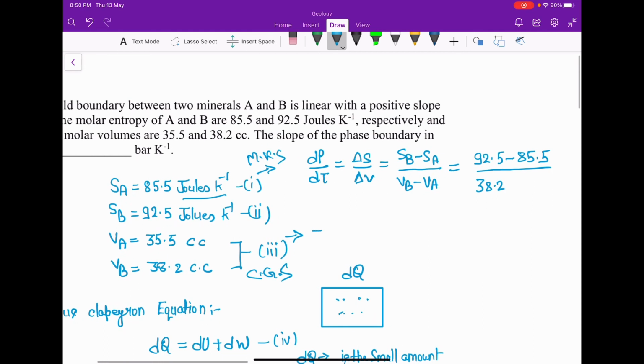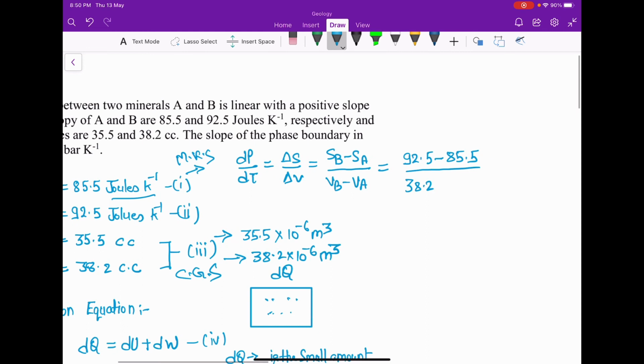So 35.5 cc will be written as 35.5 into 10 to the power minus 6 meter cube, and 38.2 into 10 to the power minus 6 meter cube. So 38.2 minus 35.5 into 10 to the power minus 6.